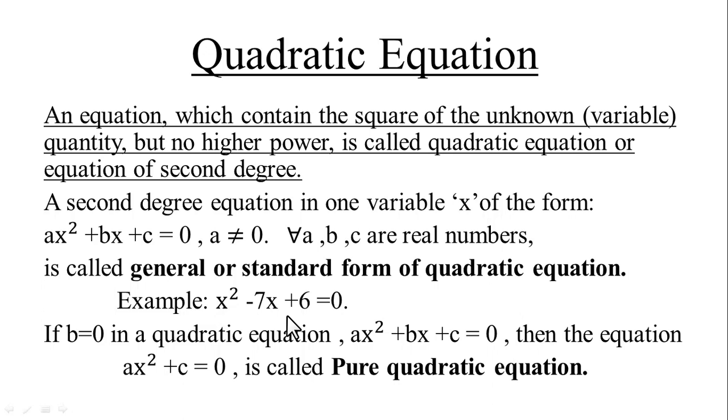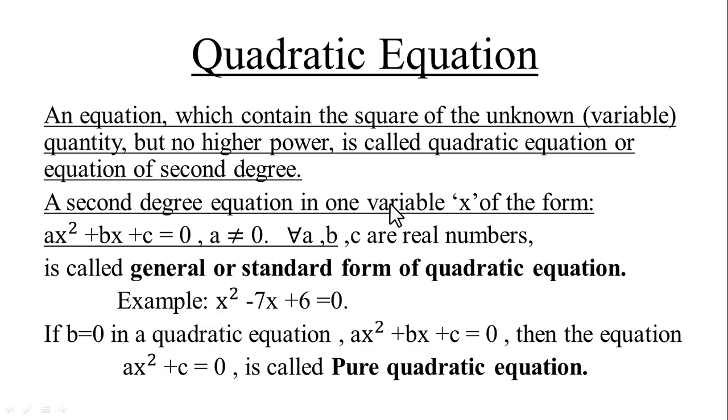So we can say that in an unknown variable x, y or any a, b, c, we have no higher power than the second degree. So an equation which contains the square of an unknown variable but no higher power is called a quadratic equation or second degree equation.